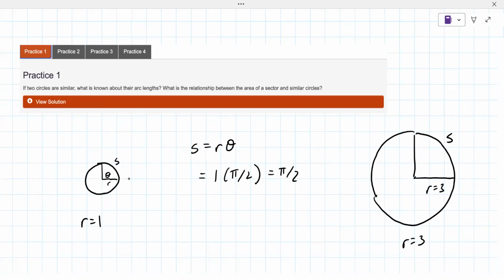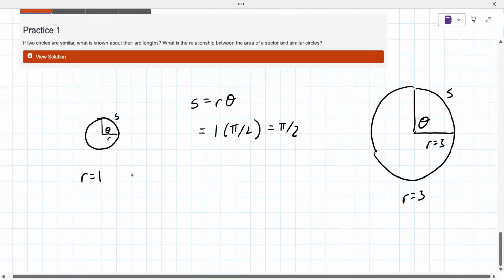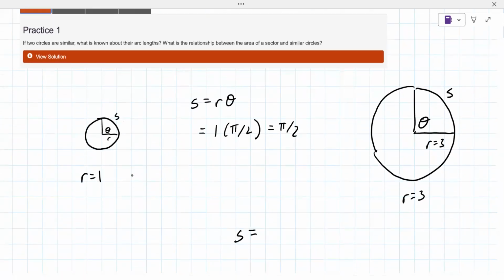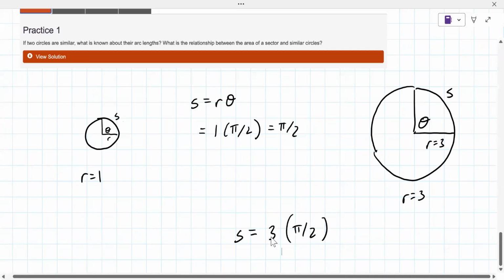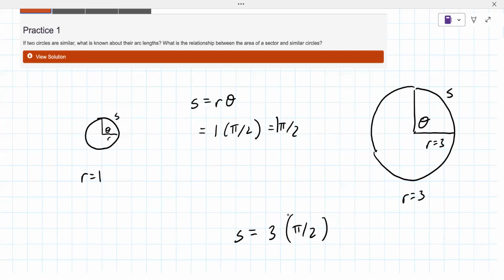The arc length, same thing here: s equals r theta, so s equals the radius 3 times pi over 2. So notice that the arc lengths are just scaled by whatever the scale factor is. Do you see how the only difference between these is 1 and 3? The k equals 3 situation, the scale factor.